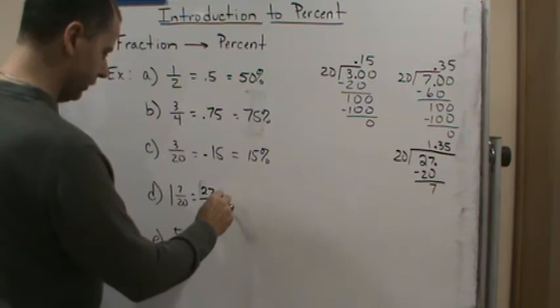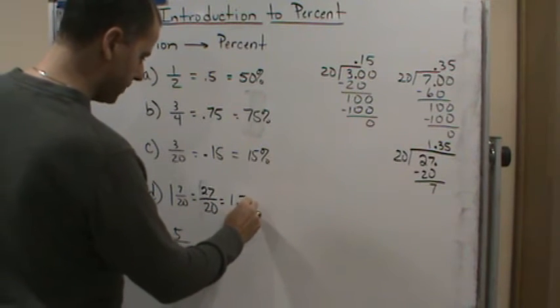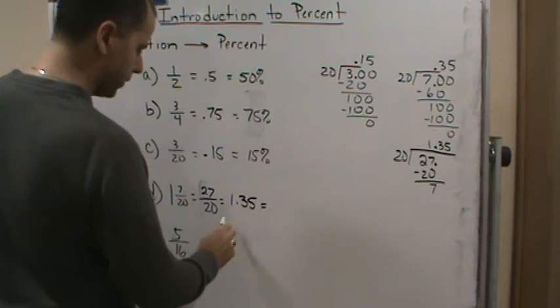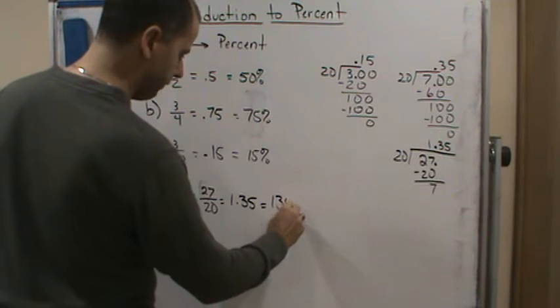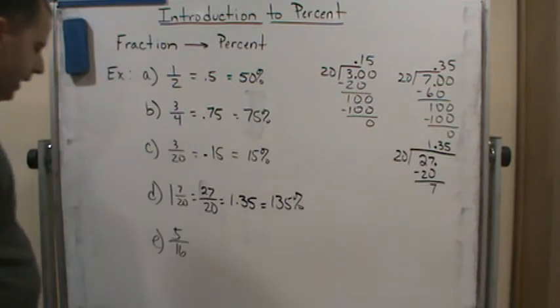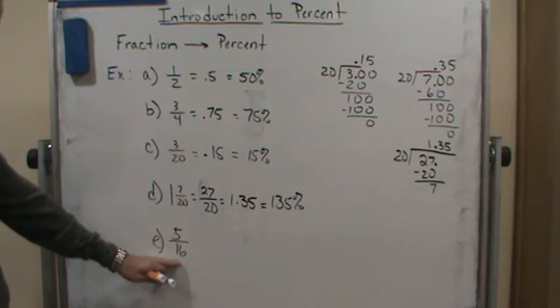And then you multiply by 100%. If you multiply this by 100%, you get 135%.